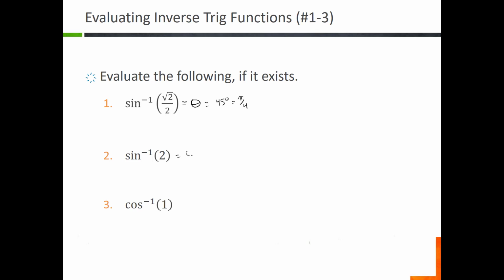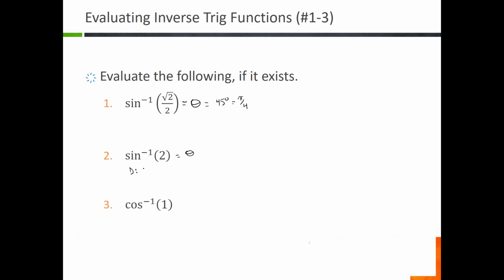What about inverse sine of 2? Again, we're trying to compute an angle, and we want to find the angle whose sine is 2. Well, let's pause for a moment here and think. What is the domain for the inverse sine function? We just talked about this a minute ago.